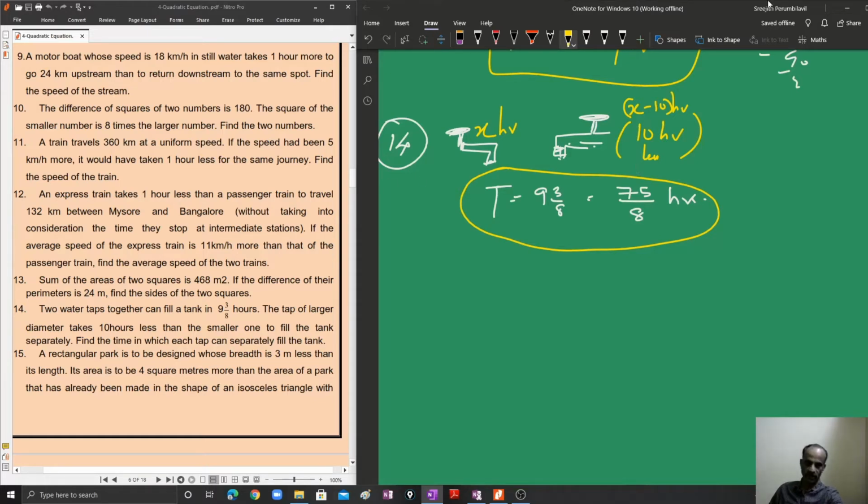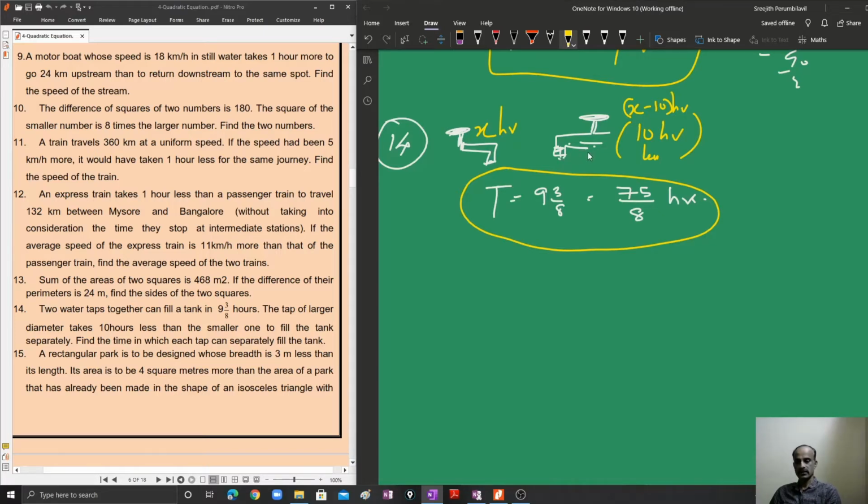Now, before answering this question, so the question is clear. There are two taps. The first tap takes a certain time to fill. Another takes 10 hours less. But when you open both of them, it will take 75 by 8 hours. Find the time taken by each of these taps. I repeat, there are two taps. The first takes some time, maybe 10 hours, 5 hours, whatever it may be, 25 hours.